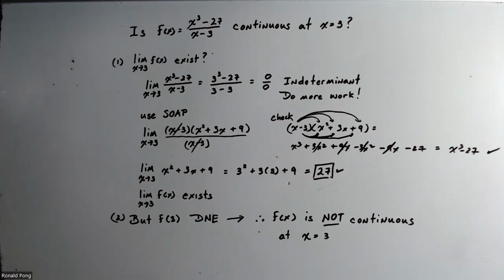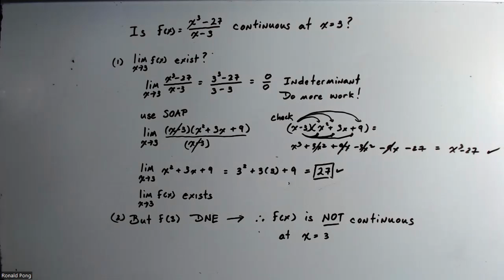Let's use SOAP, same opposite always positive, for factoring differences and sums of cubes. What we arrive at is the limit as x approaches 3 of x minus 3 times the quadratic x squared plus 3x plus 9, all divided by x minus 3. That factor cancels. And by the way, I wrote out the algebraic check to make sure that I didn't make a mistake.